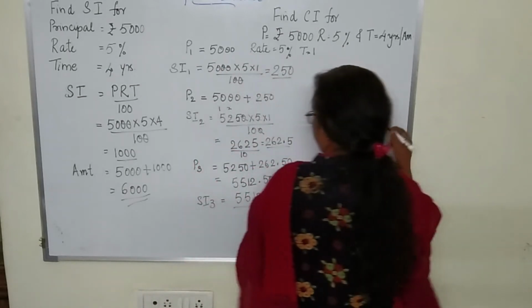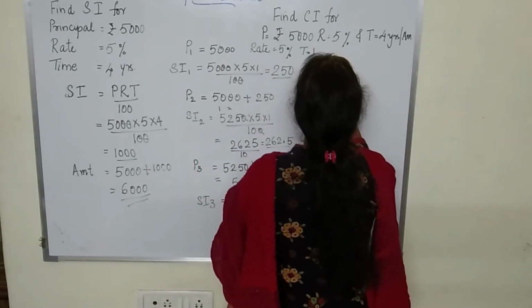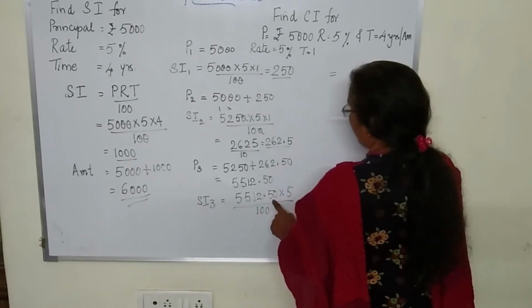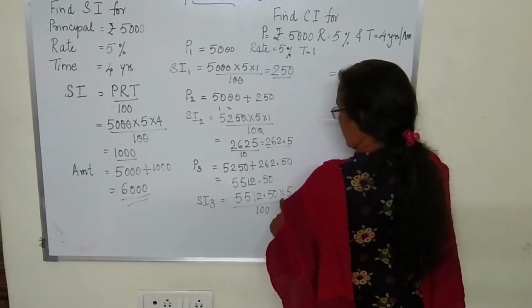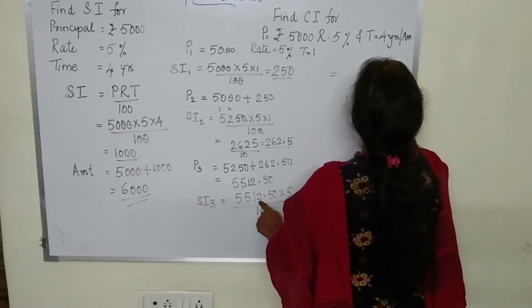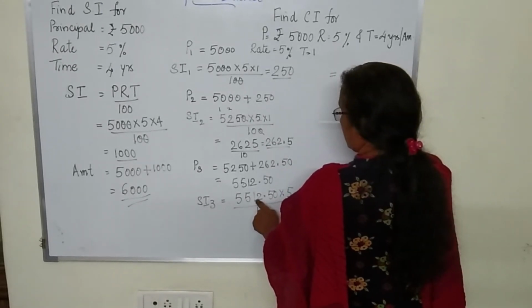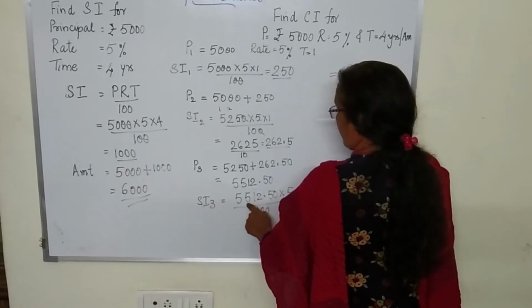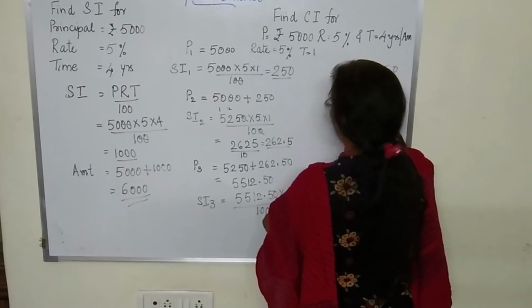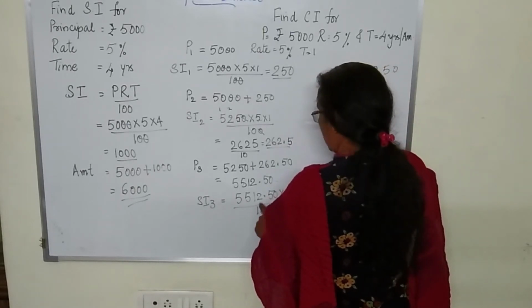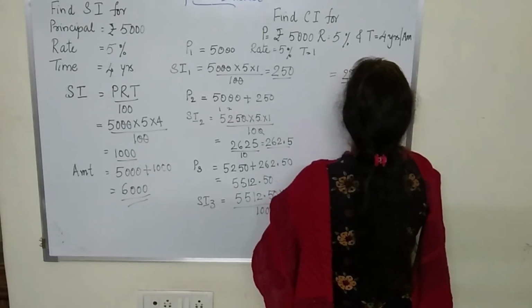What do you get? 500, 5 5s are 25, 5 2s are 10 plus 2, 12, then 5 1s are 5 plus 1, 6, 5 5s are 25, 5 5s are 25 plus 2, 27 upon 100.